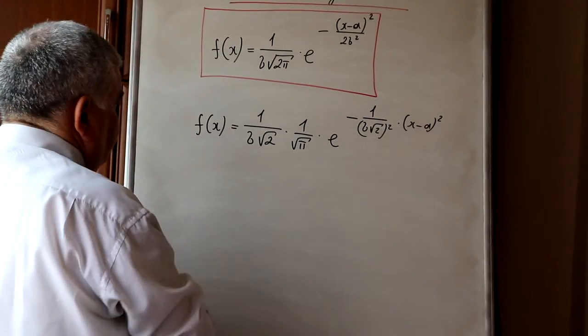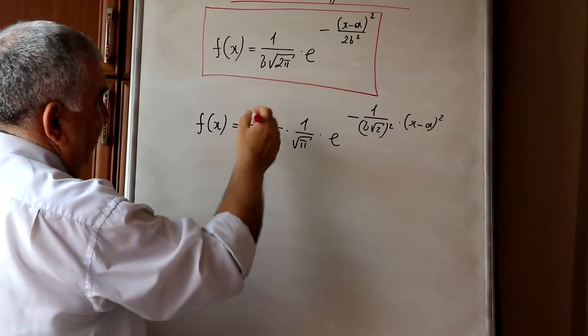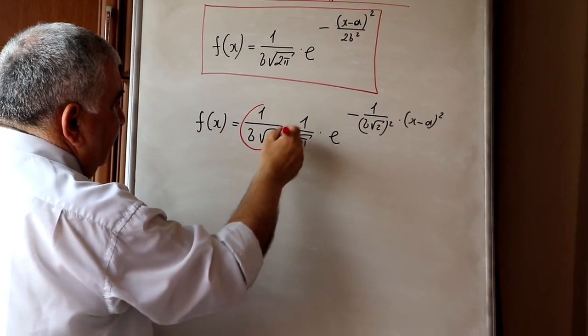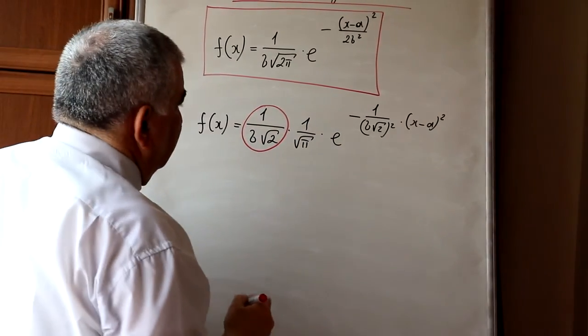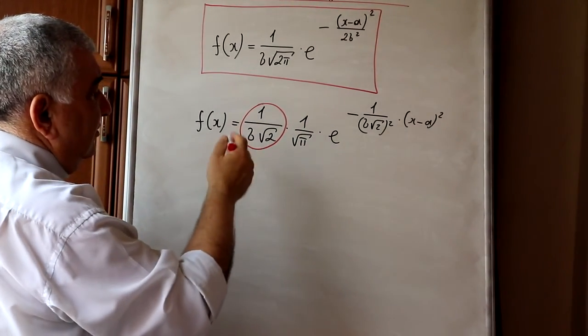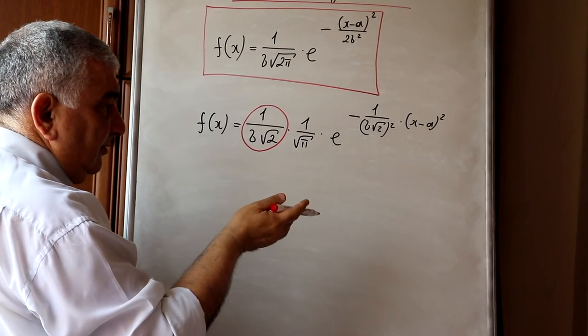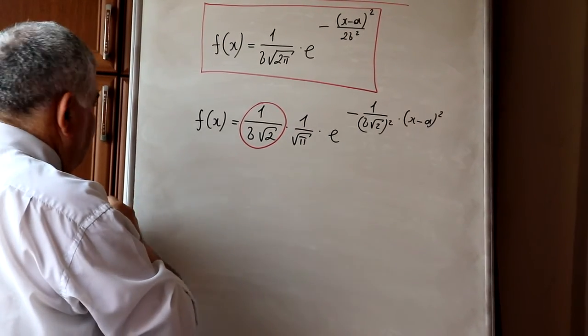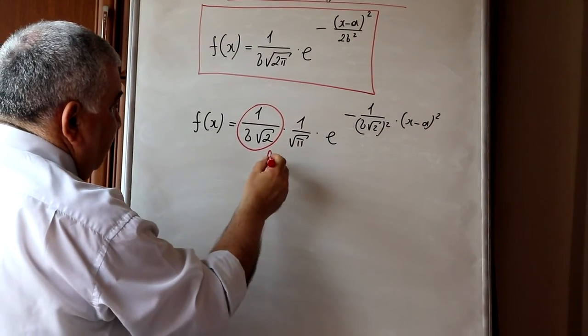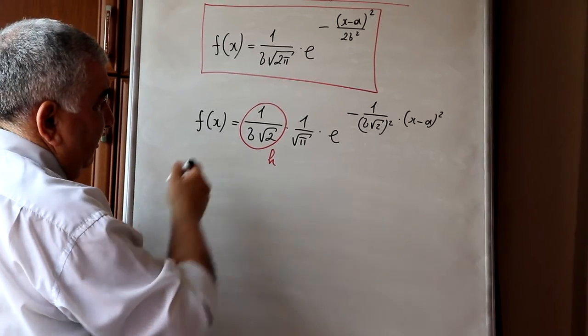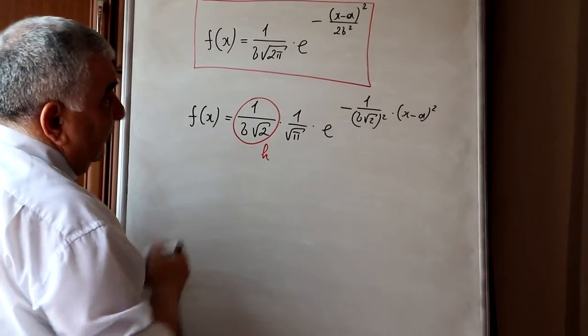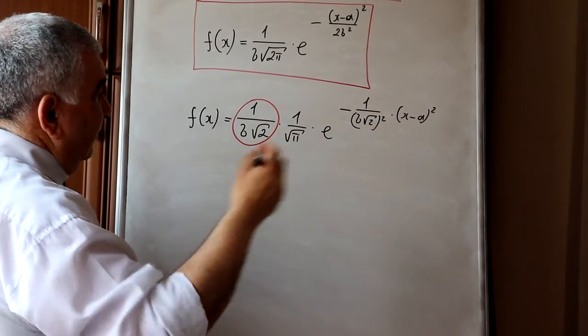Then denote this value by new notation h. Let it be h. Then we can rewrite the formula of normal distributive density in the following form.